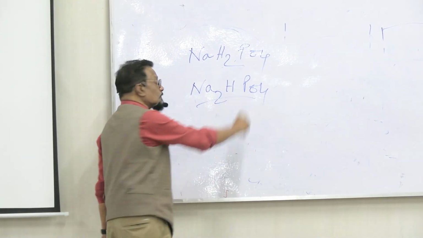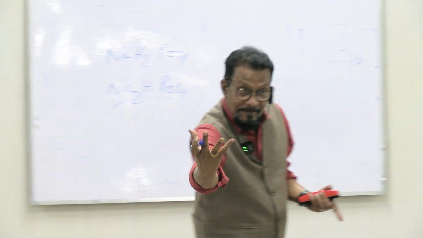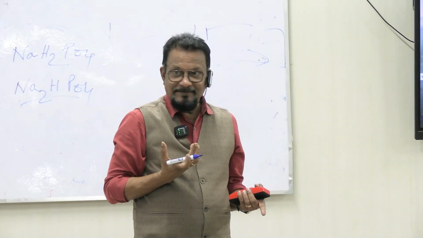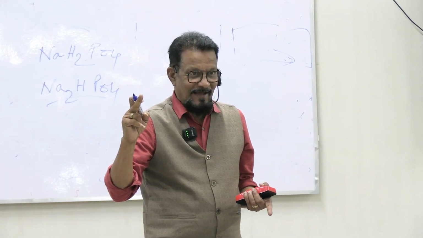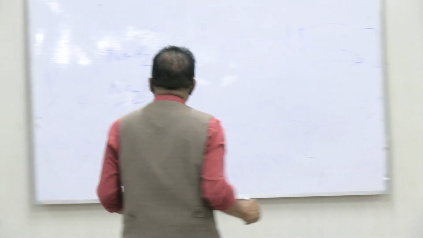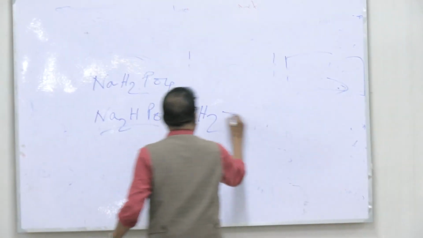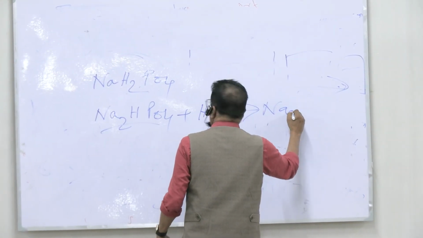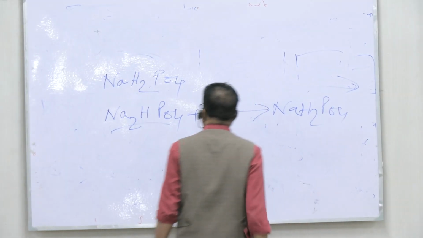Na2HPO4. This is the base component. Meaning what are the bases? Those that can accept, that can combine with hydrogen ion. So when there is hydrogen ion, this can be converted into NaH2PO4.